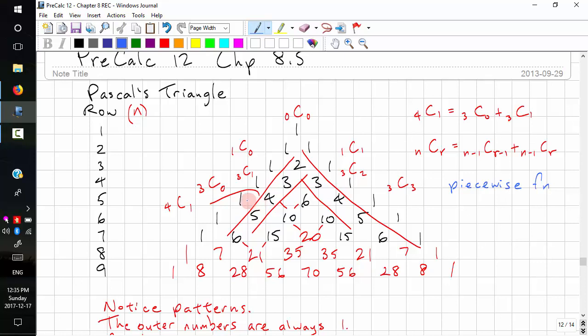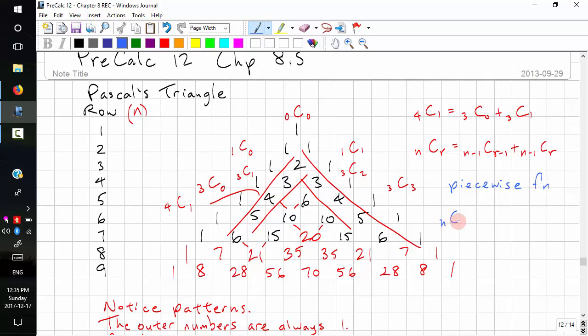Because if we look at this term, this would be 4 choose 0, and we have to do 3 choose negative 1, which is here, and it won't handle that. And again, if we try the end one, 4 choose 4, we'd have to have 3 choose 4 over here, but we can't do that. So you need to write a piecewise function.